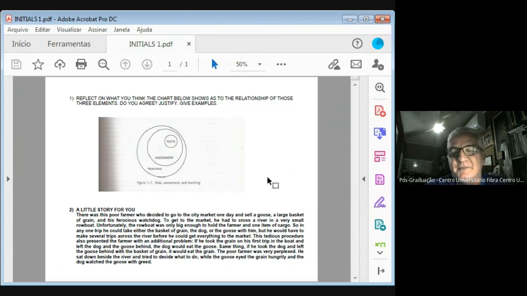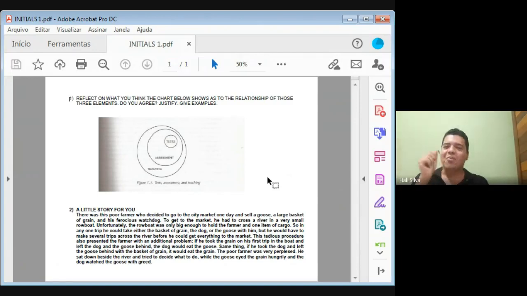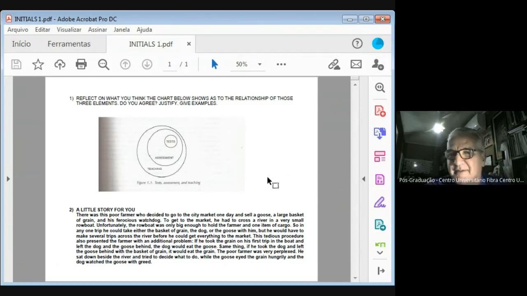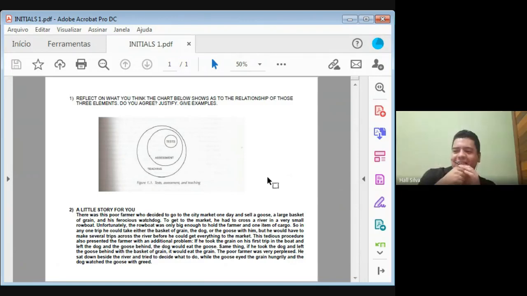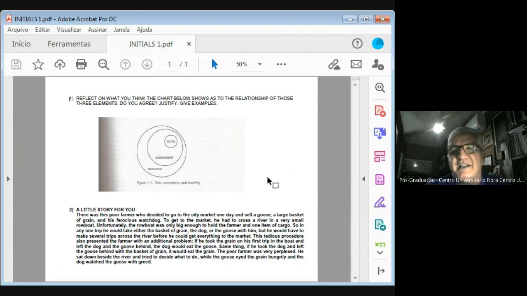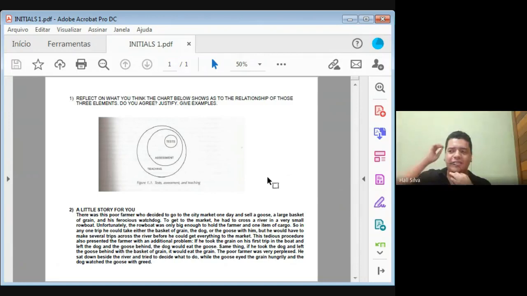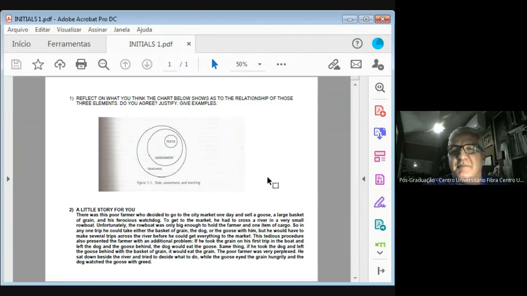I think this is a kind of a port area. What do you mean? Like, there are other boats in there, so there are other people that he can talk to. No, the farmer is very isolated. It's the only farmer, the only boat, the only dog, the only goose, the only grain. He's alone.